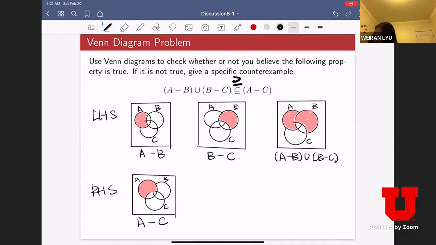All right, so did anyone come up with a counterexample? Just give a specific number for A, B, C. Oh, I came up with a counterexample, where the intersection between A and C is the empty set. Okay, so what is your set A, B, and C in your case?